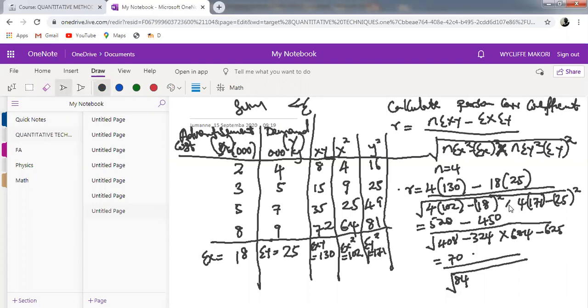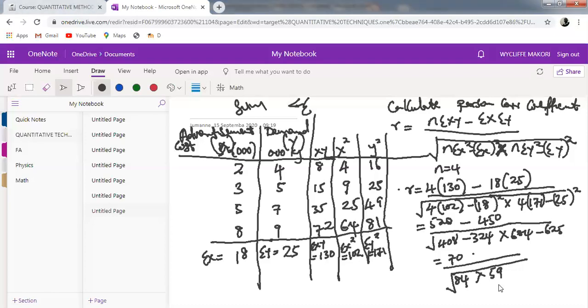So this one, we have found it to be 84. Then we put here times 684 minus 625, which is actually 59.